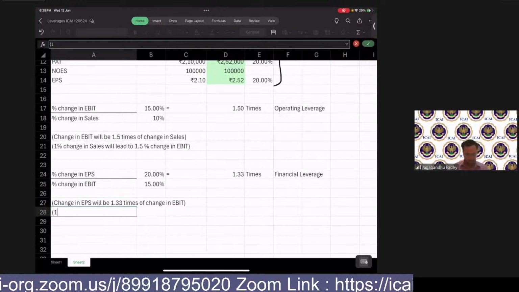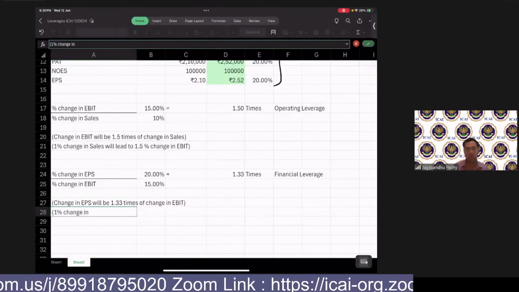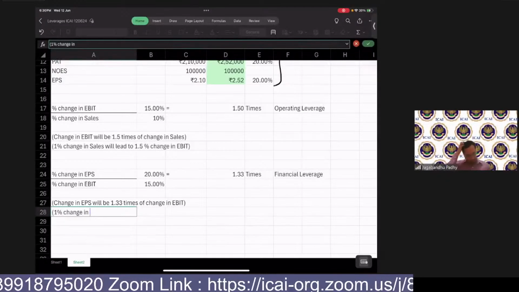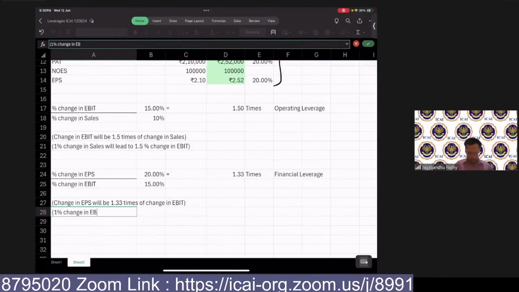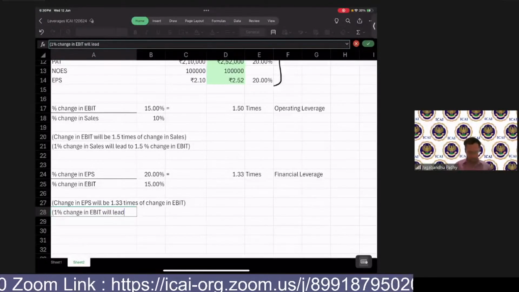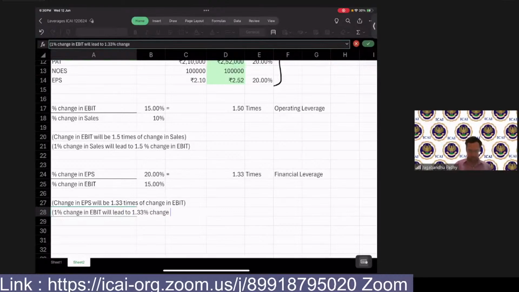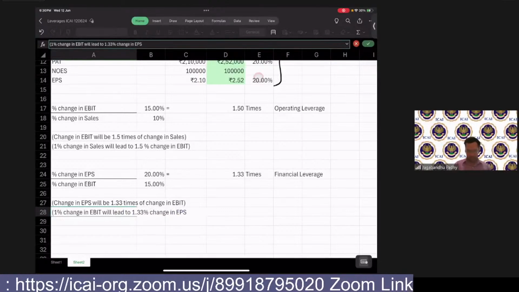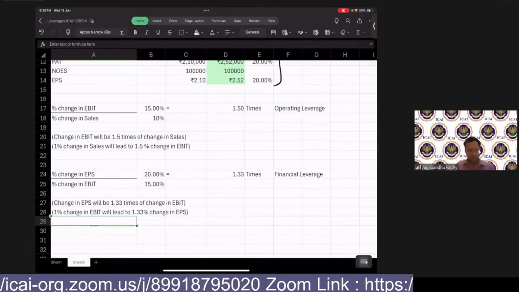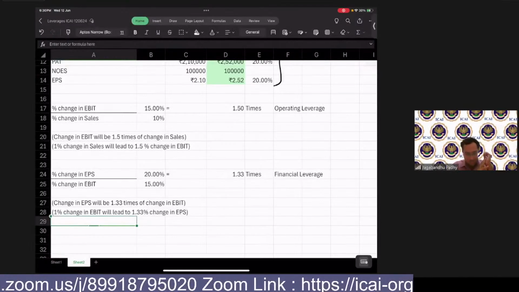Or we can also say a 1% change in EBIT will lead to a 1.33% change in EPS. Change in EBIT and EPS are connected by the financial leverage.